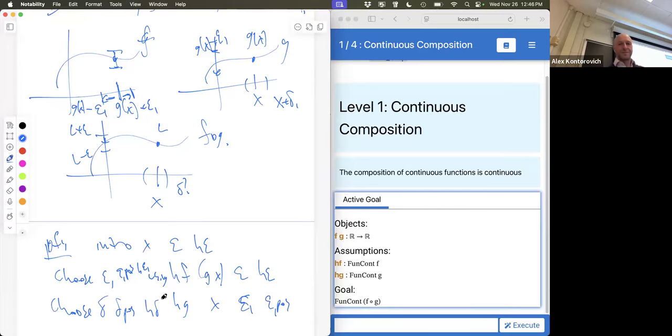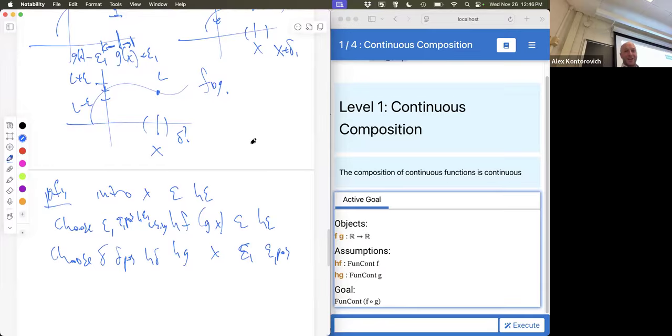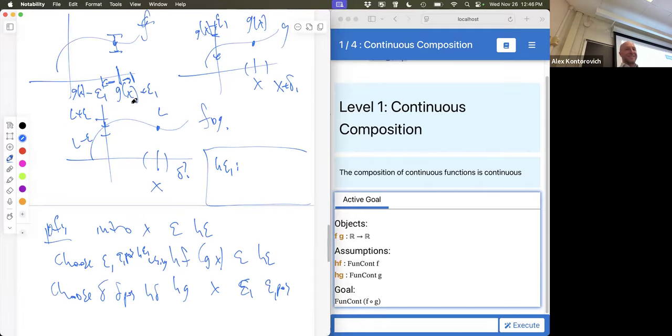What is H epsilon 1? Let's record what H epsilon 1 says. For all y, if the distance between y and g of x, yes, and f of y minus f of g of x is less than epsilon.